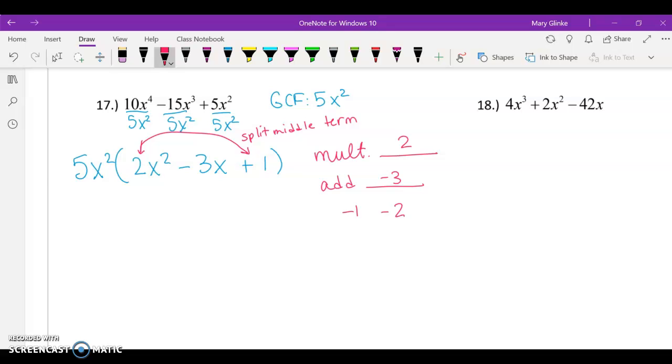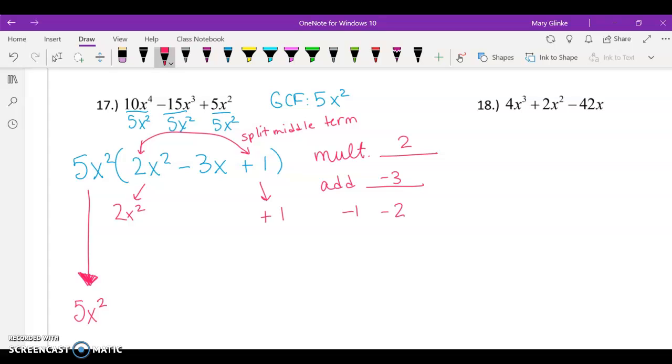So now what we're going to do is take that GCF, draw an arrow down, and rewrite the GCF of 5x squared at the bottom so that we don't have to think about it anymore. Then we can take this trinomial here, and write 2x squared plus 1.